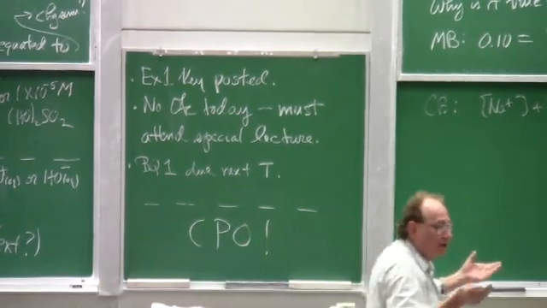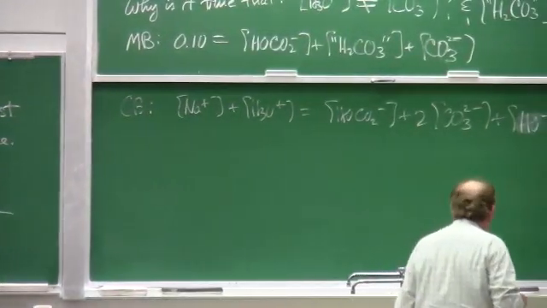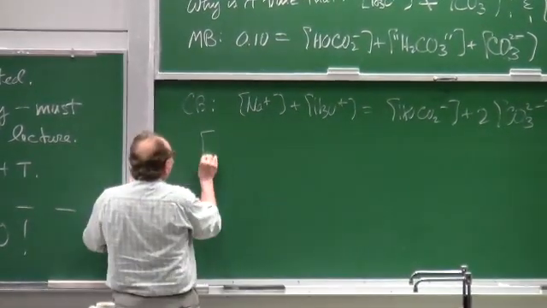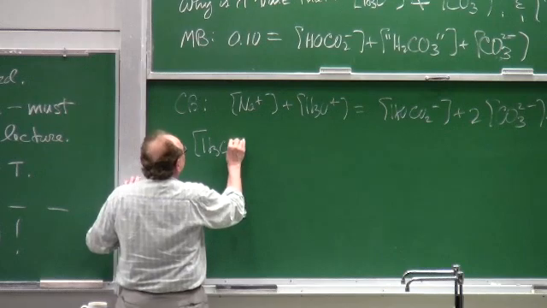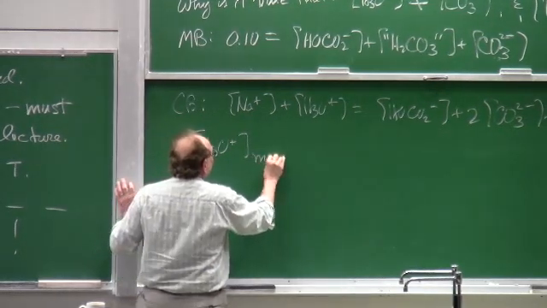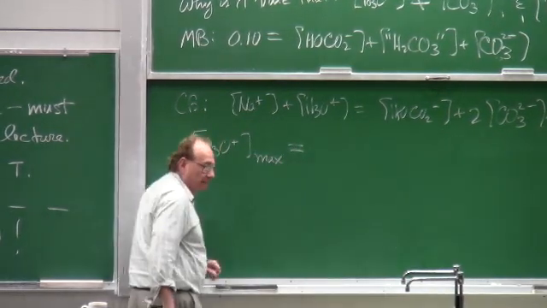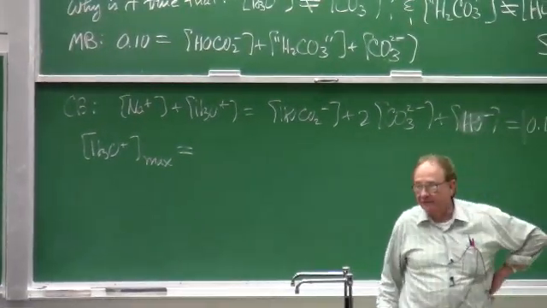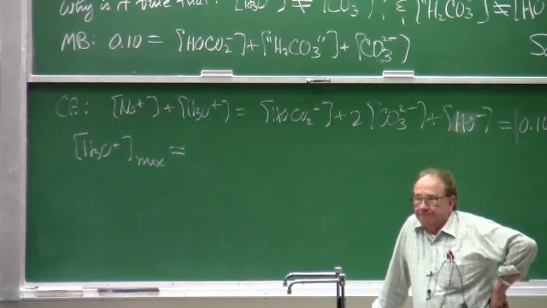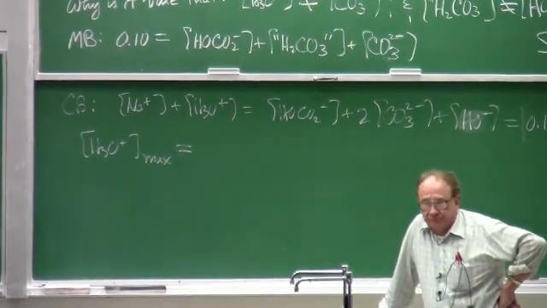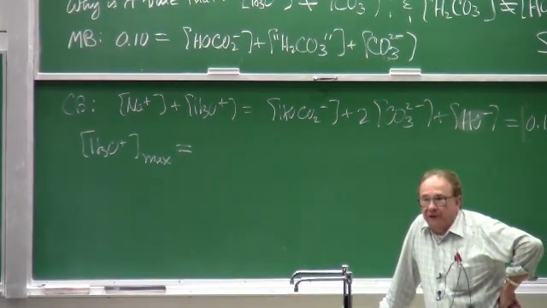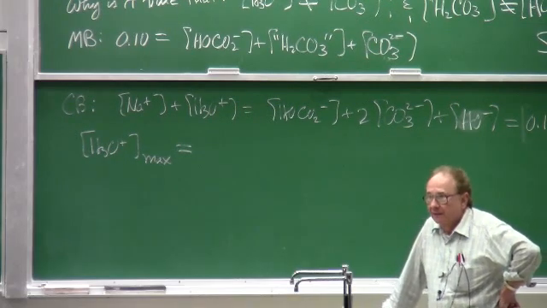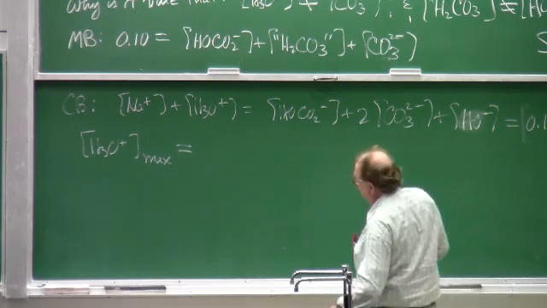We know the solution is mildly basic. So what is the max possible value for the hydronium ion concentration? A value above which the hydronium ion concentration cannot be: 1.0 times 10 to the minus 7.